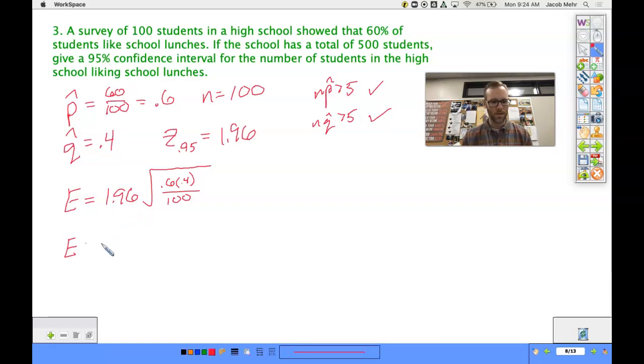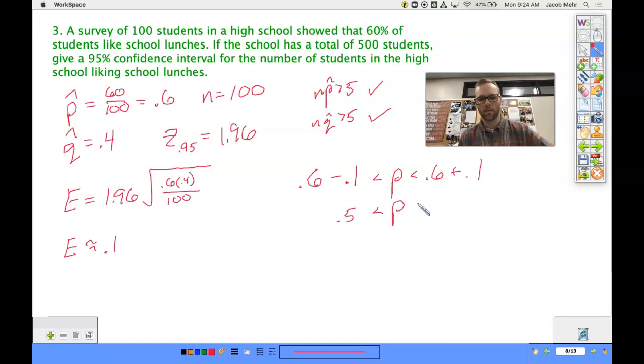It's about 0.096, so about 0.1, about 10%. So we can take 0.6, our p hat, minus 0.1, and 0.6 plus 0.1. So we get 0.5 to 0.7.